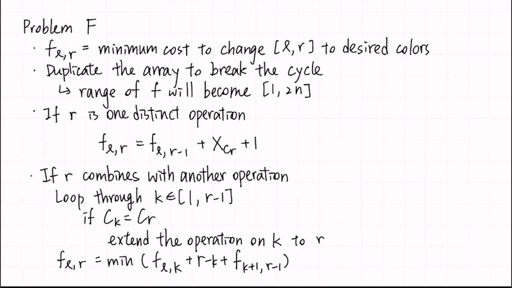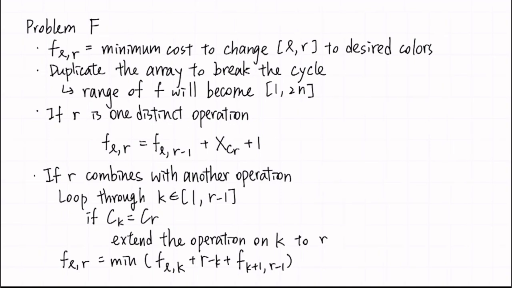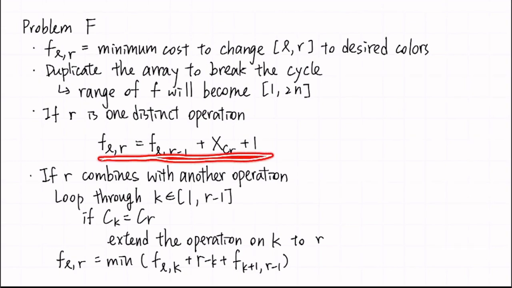If we look at the transitions into different states for FLR, there are 2 possibilities. One is that the last cake slice R is one distinct operation on its own, and in this case FLR is equal to FL(R-1) plus the cost to change this cell on its own.